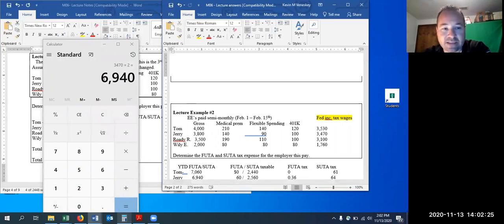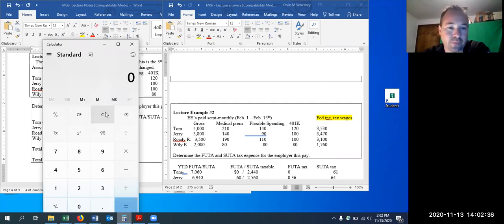Then if I take the 6,940, add in the current wages, 3,470, we're over the cap. So we're not going to use this full amount. We're going to take the cap, 9,500, subtract where we're at, 6,940, and that's where I got the 2,560.